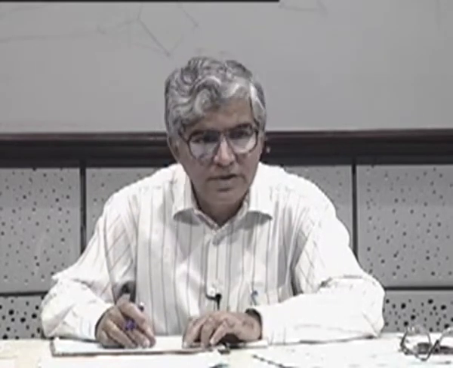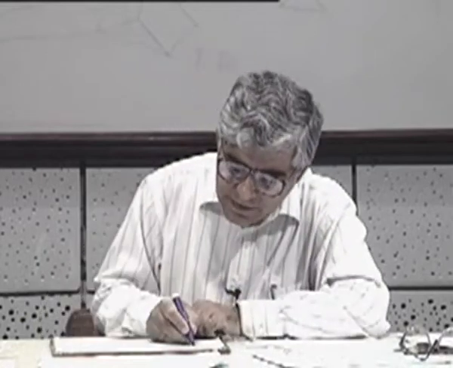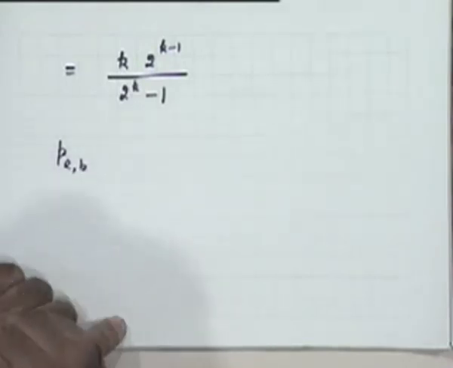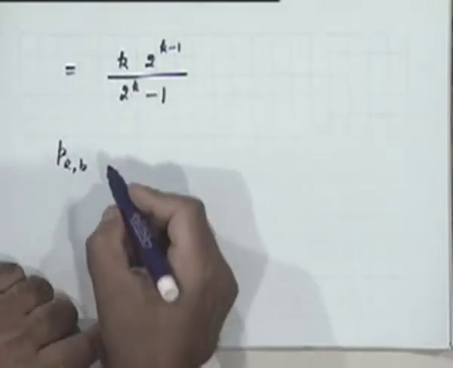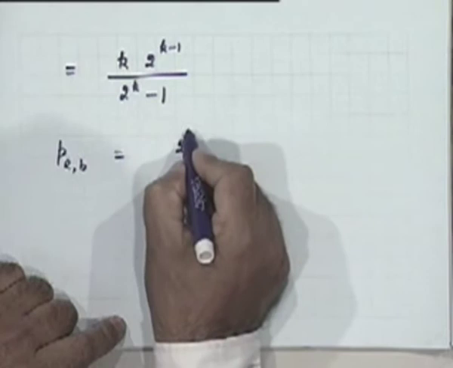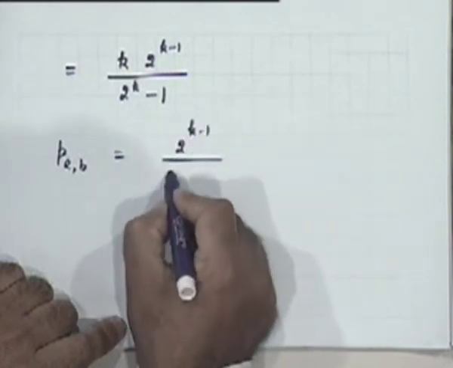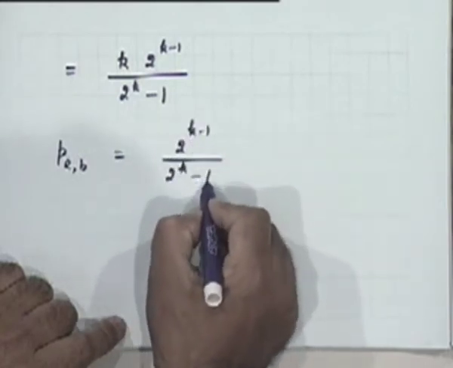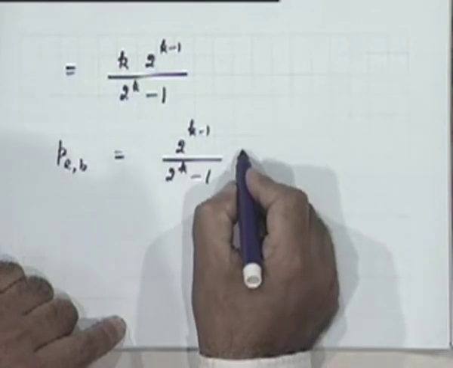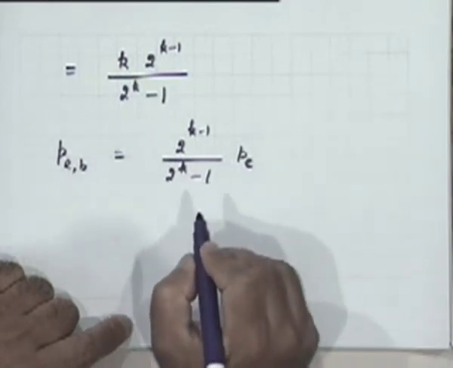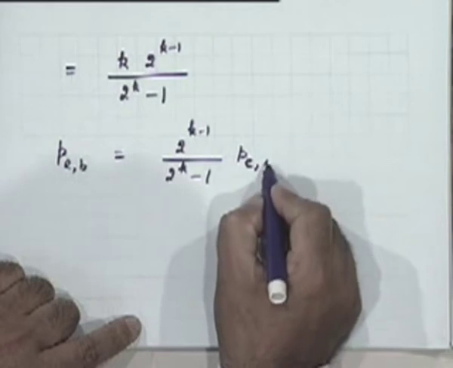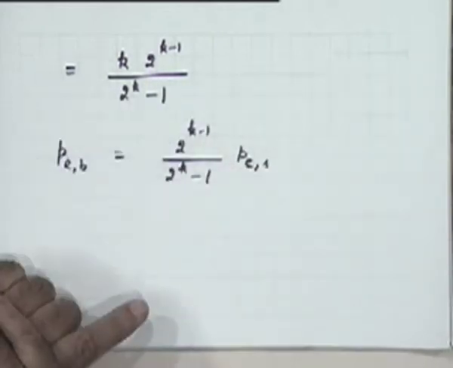This is the number of bits that will go wrong for every group of k bits. Per bit, the bit error probability, which I will denote by p sub e comma b, will be 2 to the power k minus 1 upon 2 to the power k minus 1 times p sub e, which is the symbol error probability that we have calculated earlier.